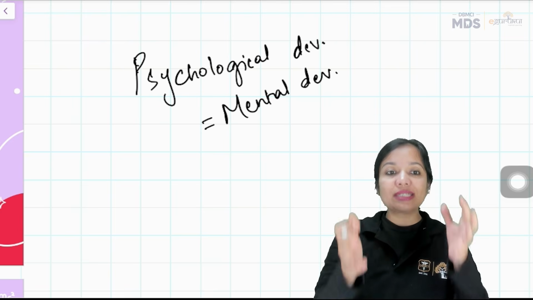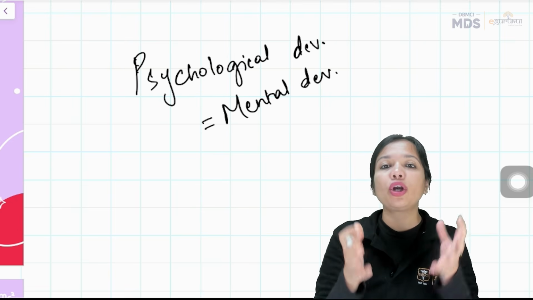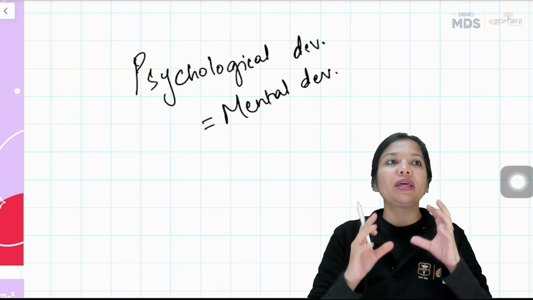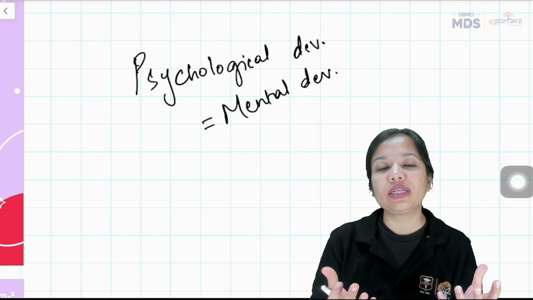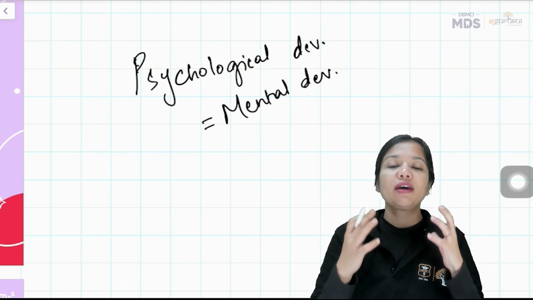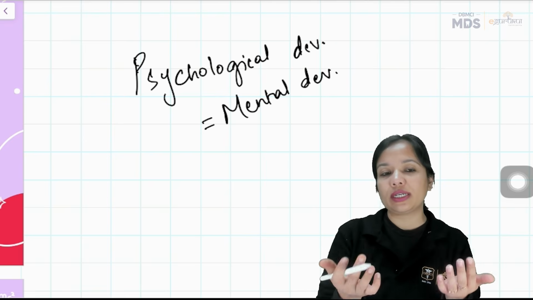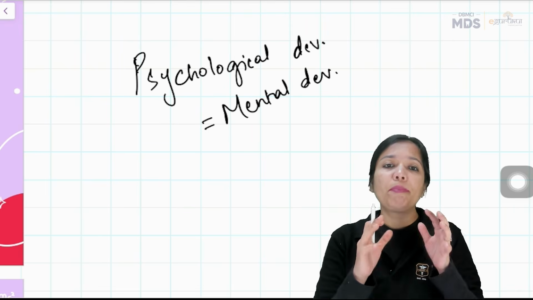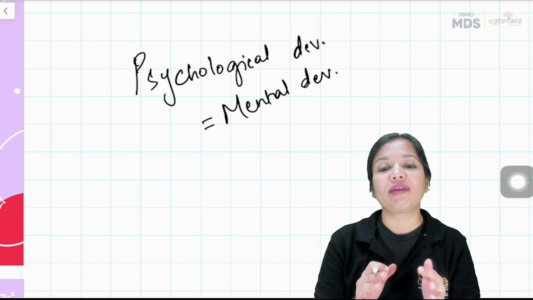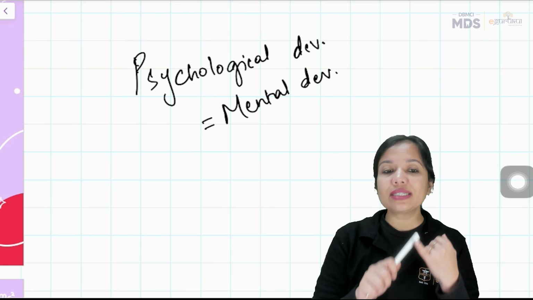So a person's psychological development is not entirely his own. There are unique features to everybody's psychology, but there are features that are governed by a lot of factors, as I just mentioned. A better understanding of child psychological development helps to understand the child better.